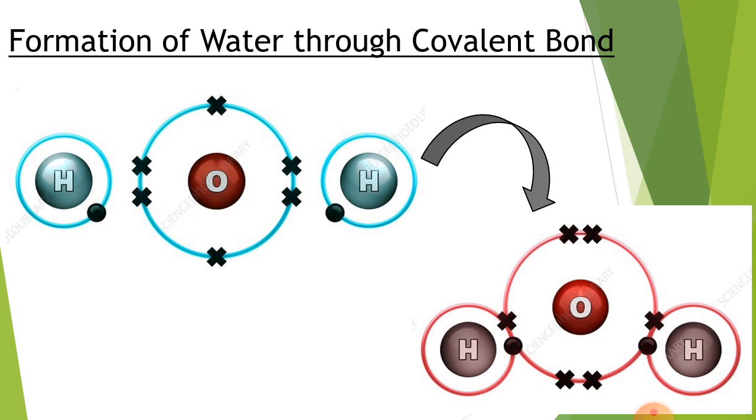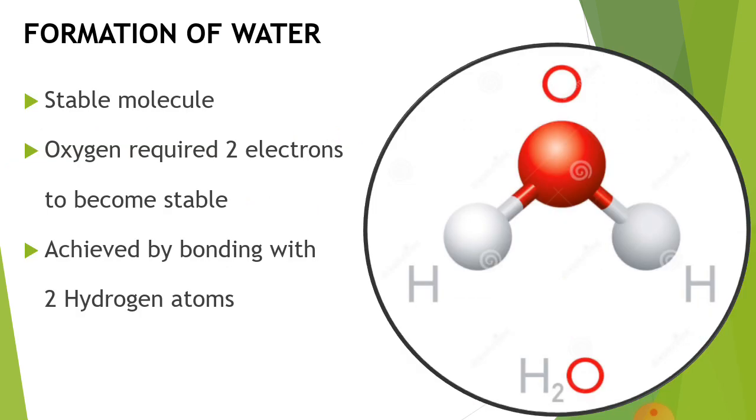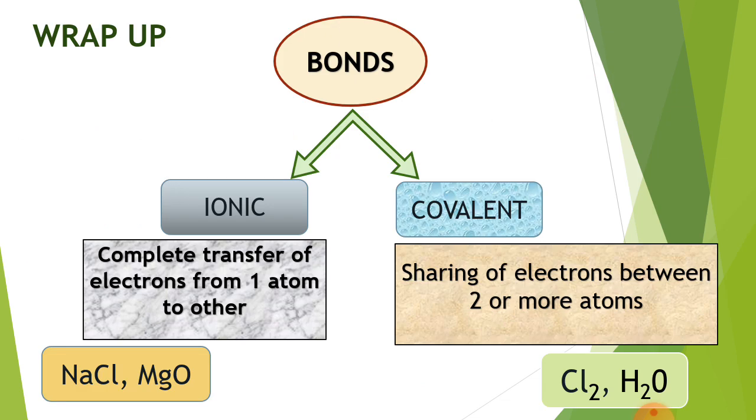And after the covalent bonding, you can see that 2 electrons are shared between hydrogen and oxygen atoms. In this way, you can see a total of 8 electrons. So now the water molecule has become stable. In this way, water is formed, which is a stable molecule. Oxygen required 2 electrons, and these 2 electrons are gained by bonding with 2 hydrogen atoms.